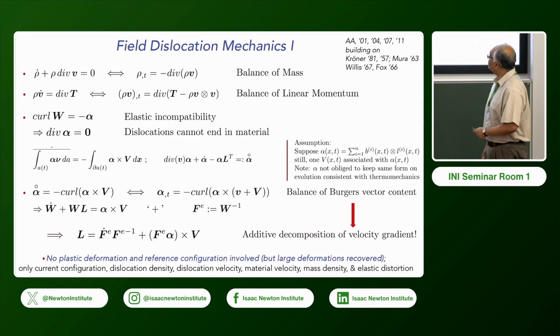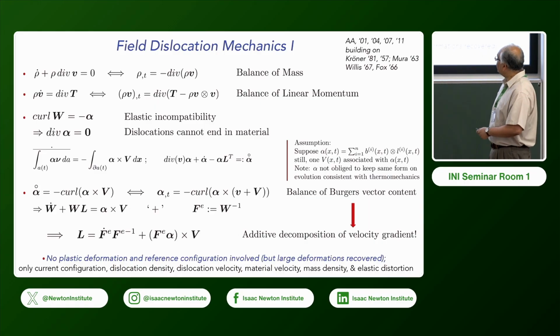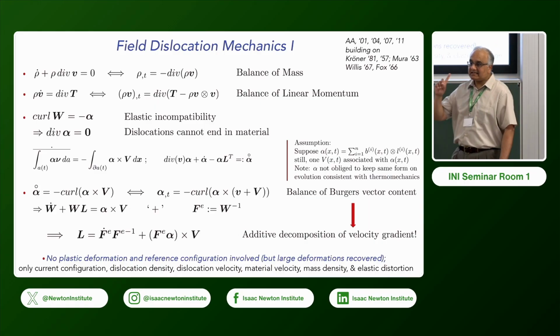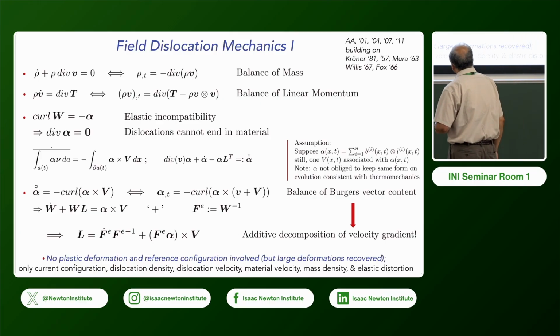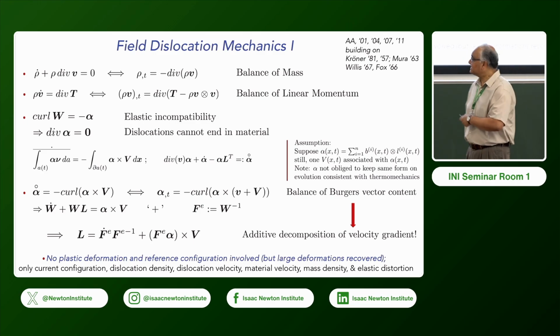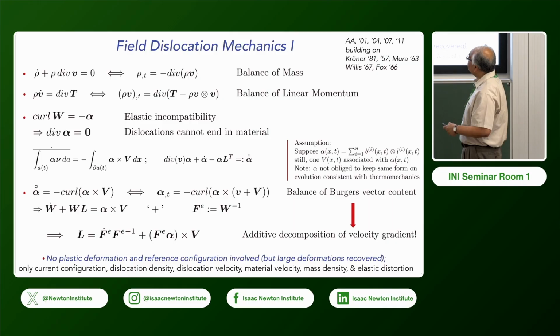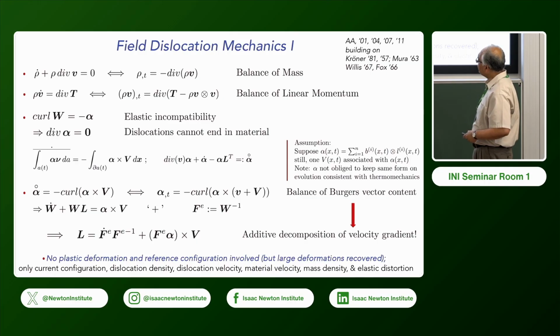And then if you write it in Eulerian form, for those of you who do fluids, this starts to look very much like a vorticity equation, except dislocations move with respect to the material. So consequently, there is this capital V, which is the velocity of the lines with respect to the material. Now if you take this equation and mix it with this and that, you will see that an evolution for W comes out to be this particular thing.